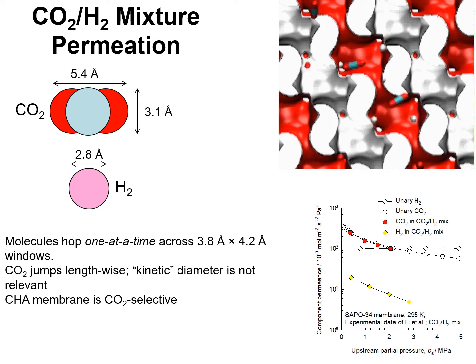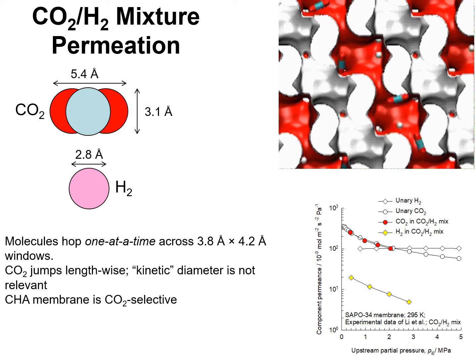Carbon dioxide, on the other hand, has a significantly higher adsorption strength than hydrogen. And the mixture permeation is dictated by a combination of adsorption selectivity and diffusion selectivity.